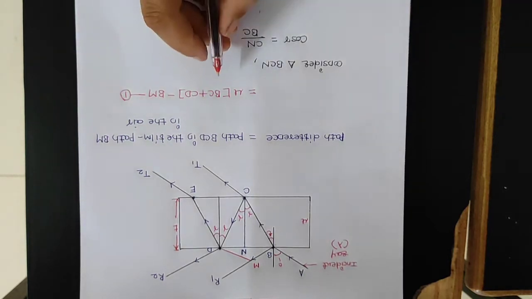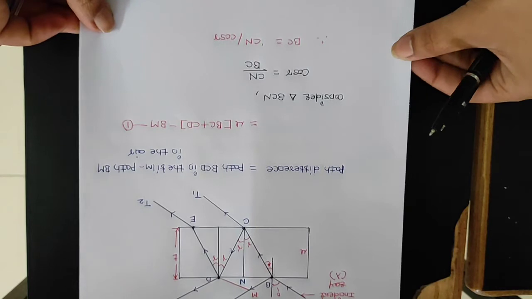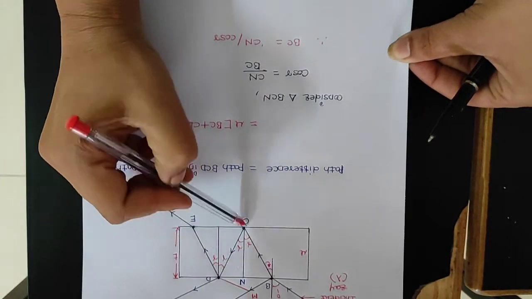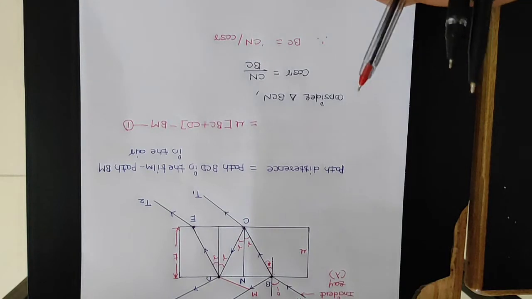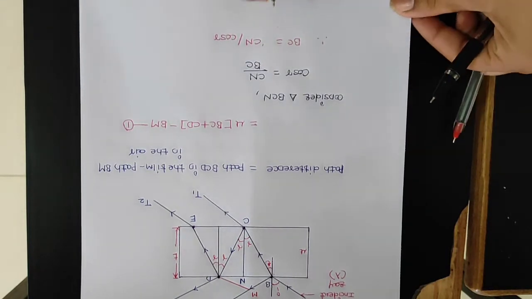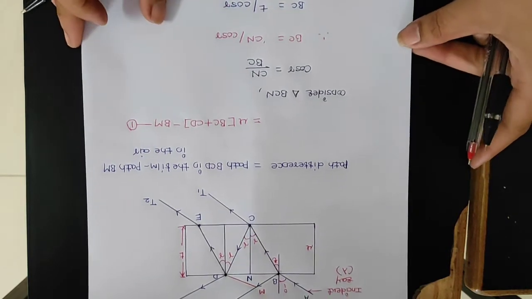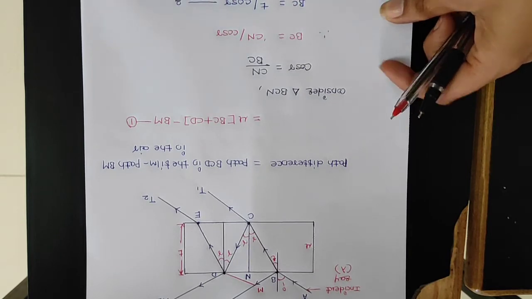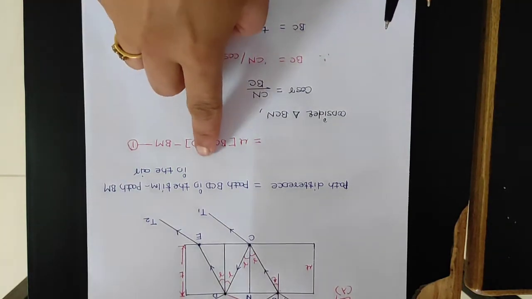Therefore BC is equal to CN divided by cos R. Now if we see the figure, the distance CN is equal to T. So instead of CN, we put T. So we can write BC is equal to T divided by cos R. Give equation number 2. Now we get the value of BC.